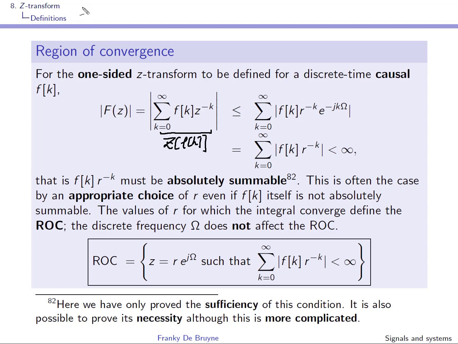Before we start, remember that z is equal to the exponential of Ts s, and remember that s is equal to sigma plus j omega. So you can write z as the exponential of Ts times sigma plus j omega.